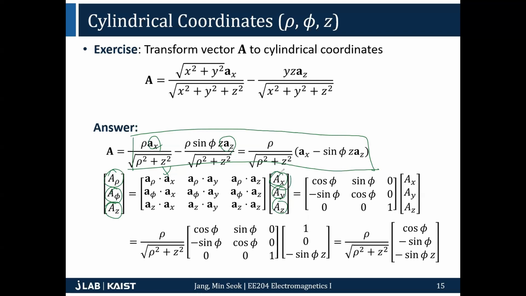And then in the ax position, you have this value, and in the az position, you have that value, and in the ay position you got 0. You insert that, perform this matrix equation, and then you get the solution, right? And then this is the representation of A in cylindrical coordinate.